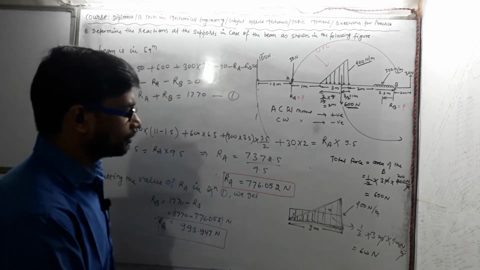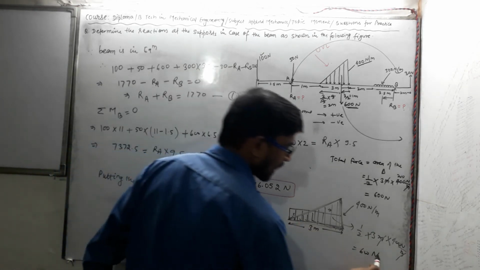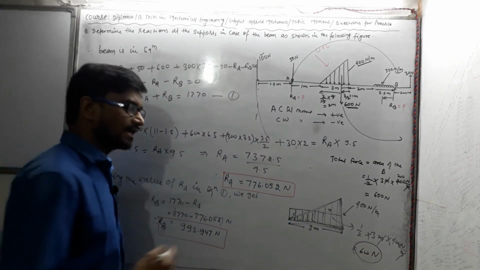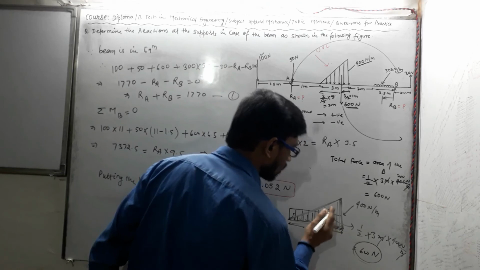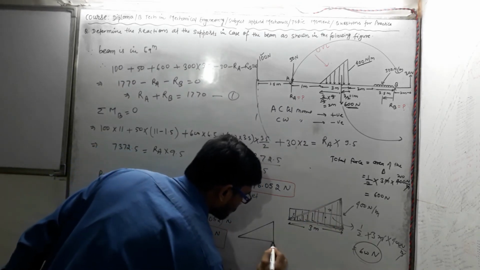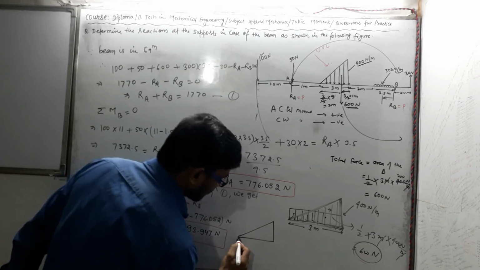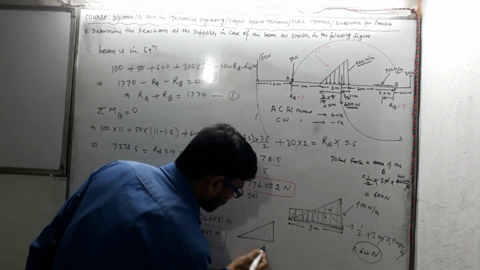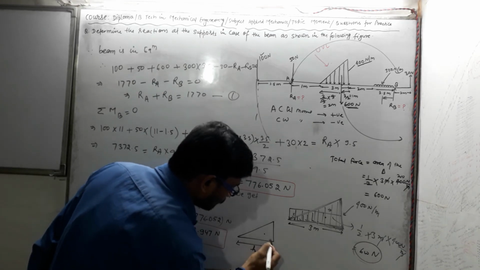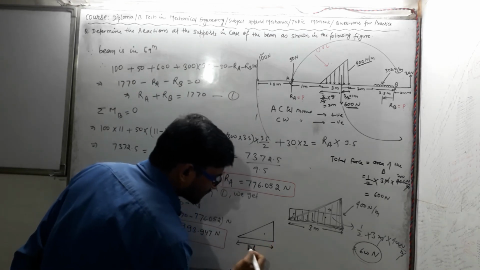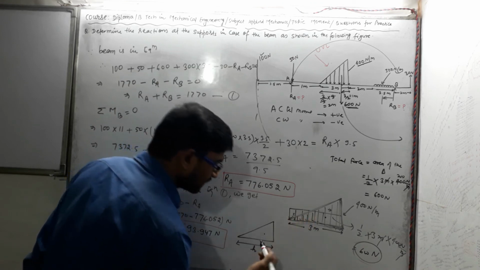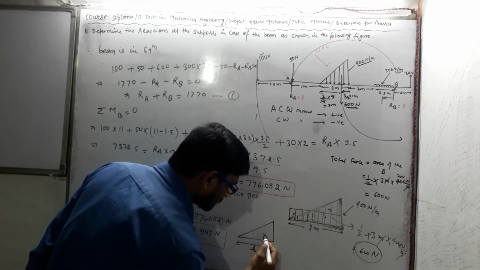So the force of 600 Newton is acting about the point CG, the center of gravity or centroid of the triangle. CG will be acting on the maximum area side, so it would be here at this point.